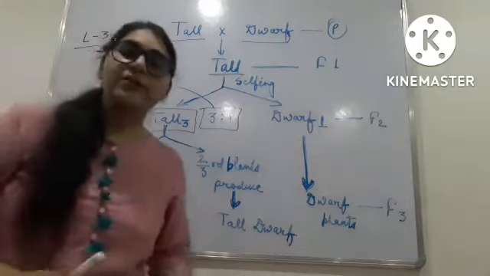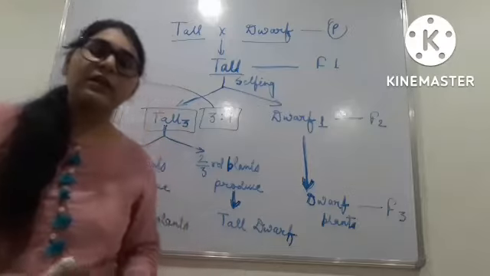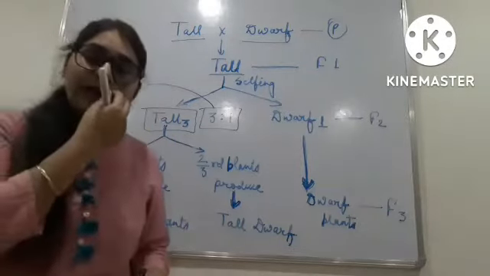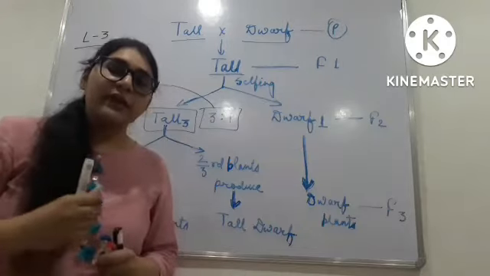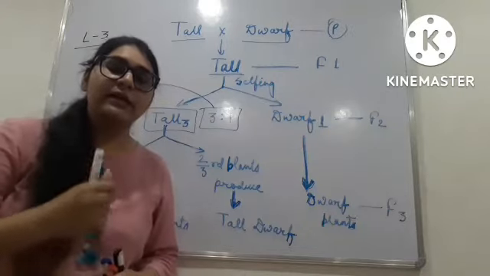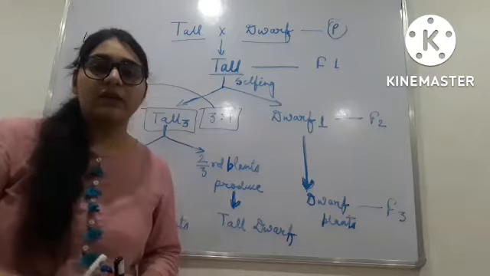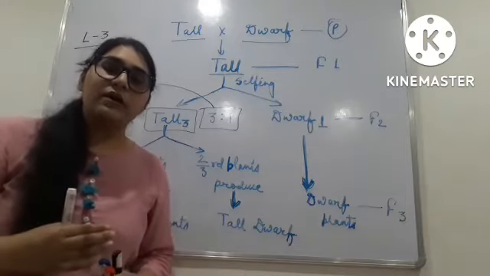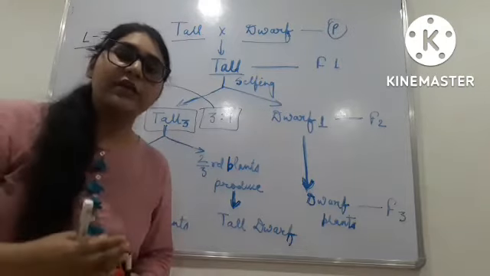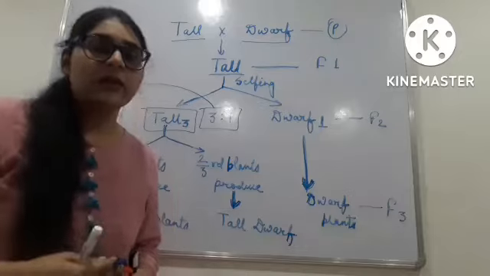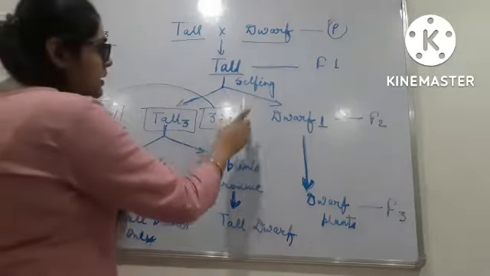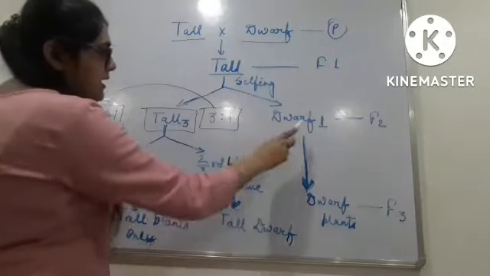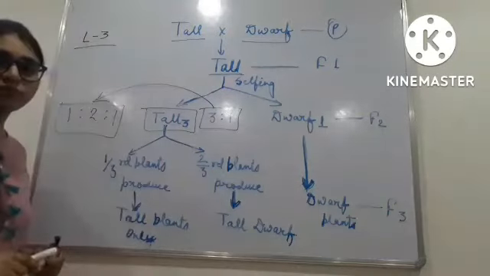So based on this observation, he concluded that the unit of inheritance should be discrete or particulate. Only in case of a discrete or particulate unit of inheritance can we get both forms of trait in F2 generation.